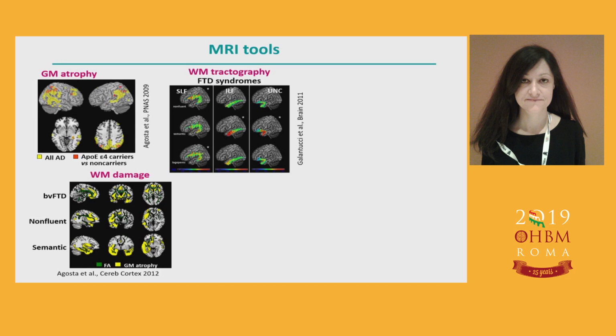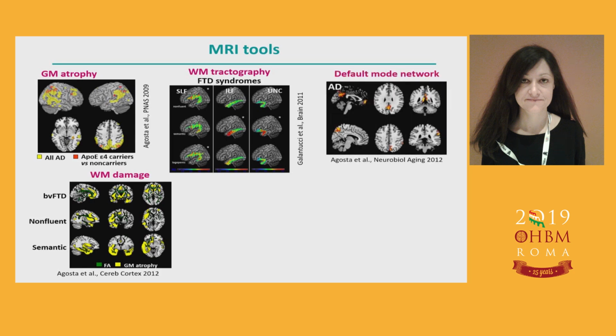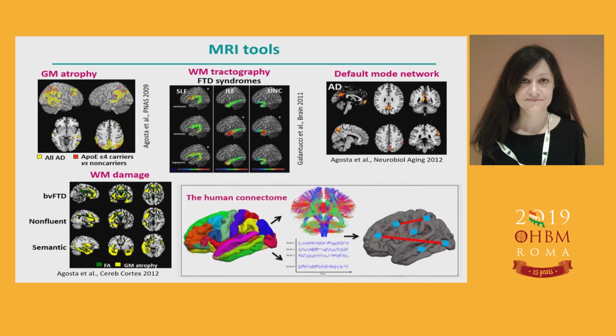We are also interested in looking at function in our patients, and we used to obtain resting state functional MRI, looking at specific networks which are known to be associated with these conditions, such as the Default-Mode network, for instance, but also looking more generally at the connectivity of the whole brain using more advanced graph analysis and connectomics approaches.